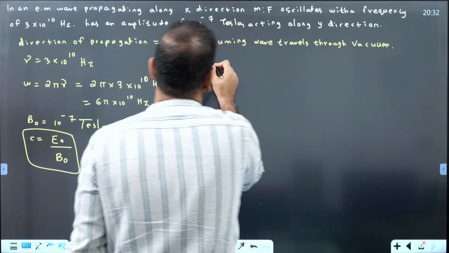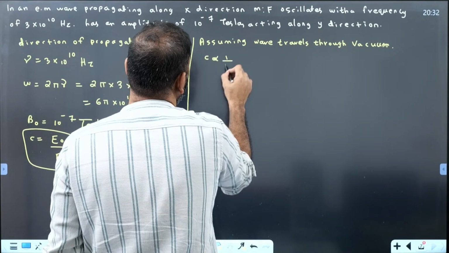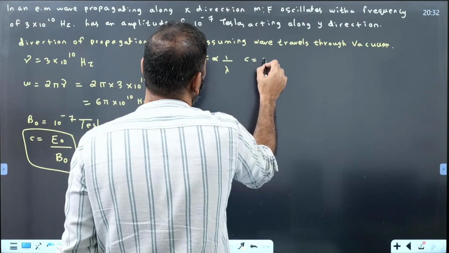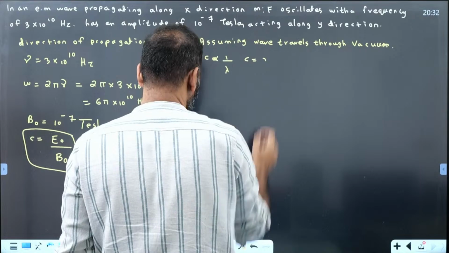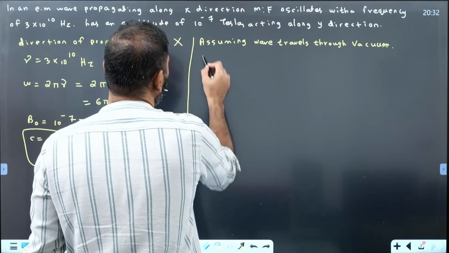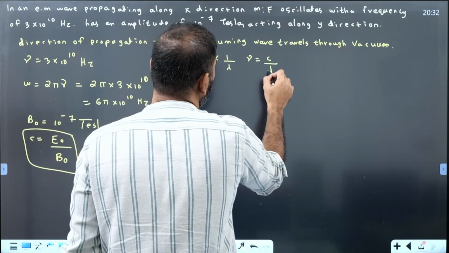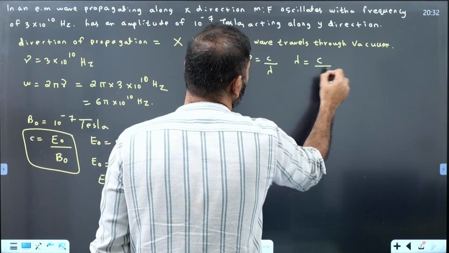Frequency is directly proportional to 1 by lambda. Nu equal to C by lambda. Lambda is equal to C by nu.